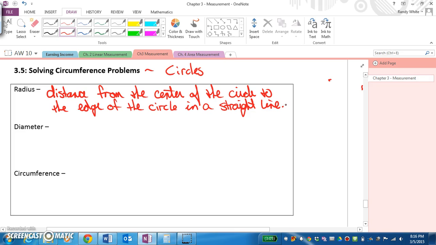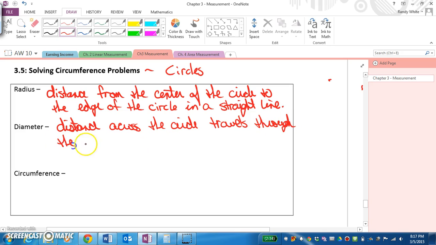Okay. Diameter is a little bit different than that. It is the distance across the circle which travels through the center.